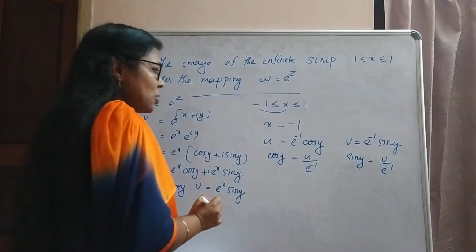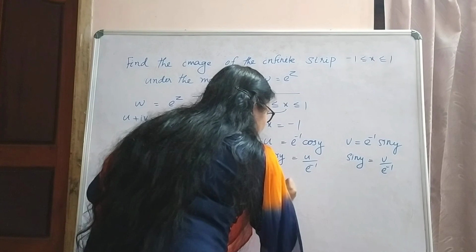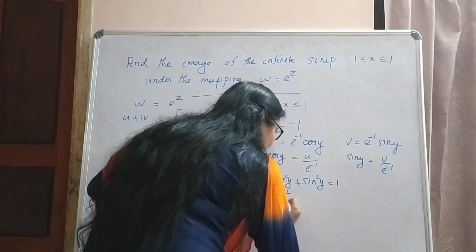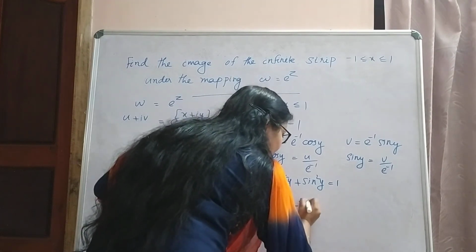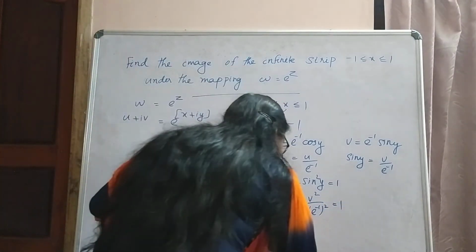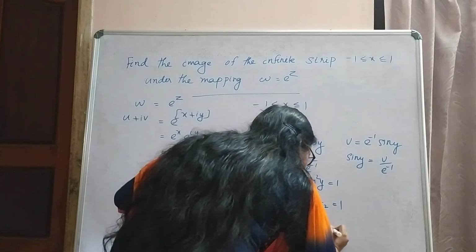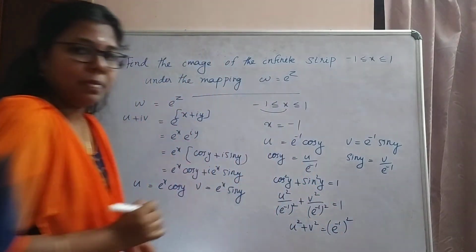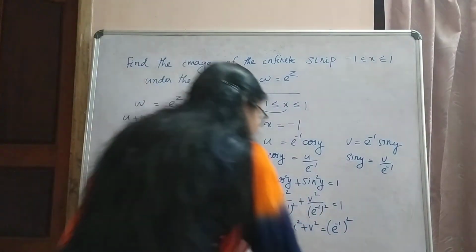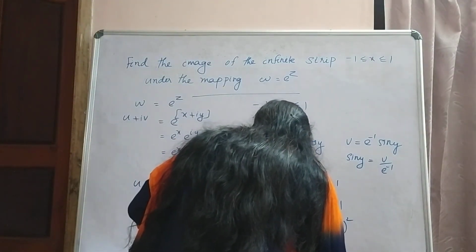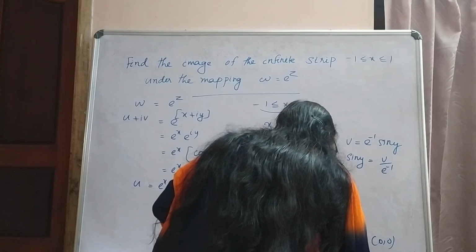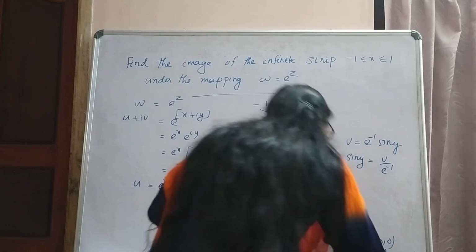Then we know that sin square y plus cos square y equal to 1, which is u square by e raised to -1 the whole square plus v square by e raised to -1 the whole square equal to 1, which is u square plus v square equal to e raised to -1 the whole square, which is a circle with center 0, 0 and radius e raised to -1.